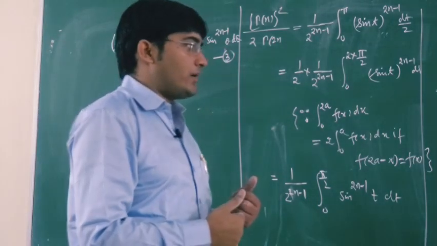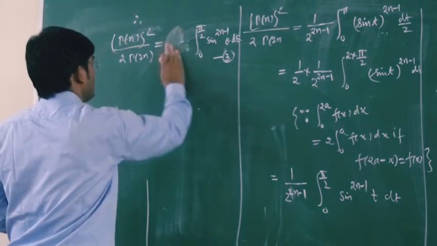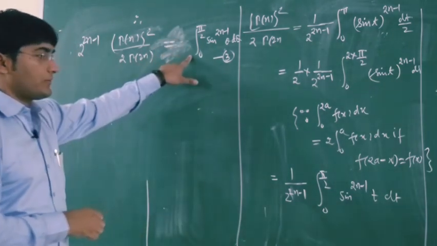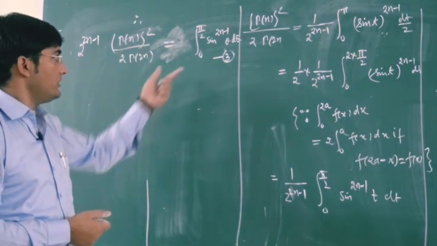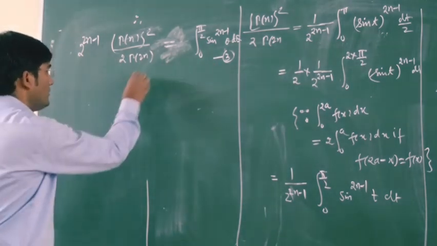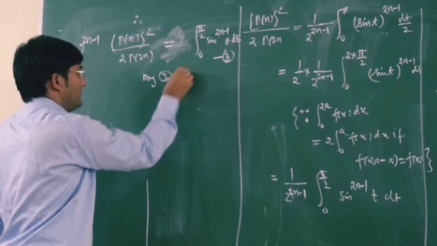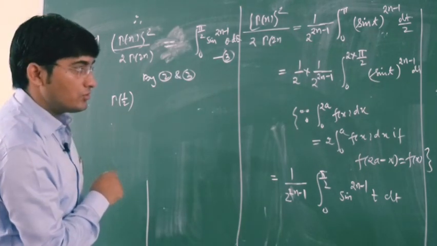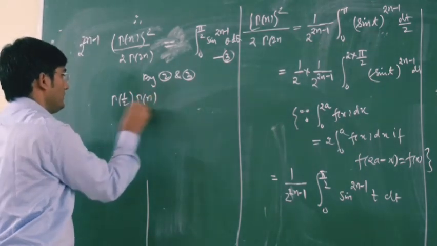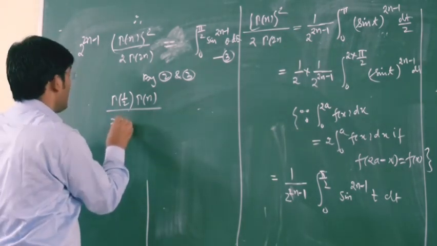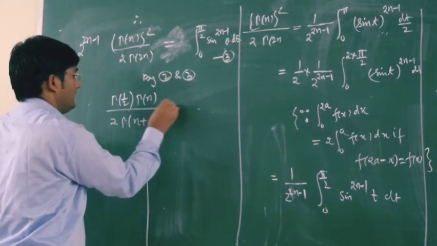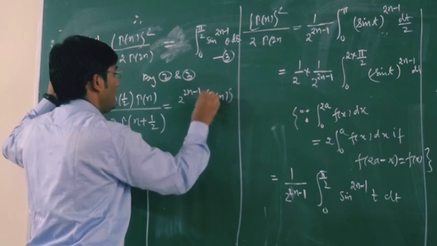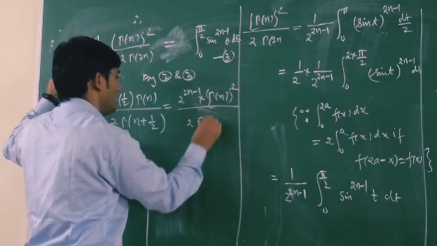Now if you take this 2 power 2n minus 1 on the left hand side, then we will have 2 power 2n minus 1 into this integral equal to this one. Now you can see that our equation number 2 and 3 have a common right hand side. So by 2 and 3, our left hand sides will be equal to each other. So we have gamma half into gamma n divided by 2 times gamma n plus half, equal to 2 power 2n minus 1 into gamma n whole square divided by 2 times gamma 2n.